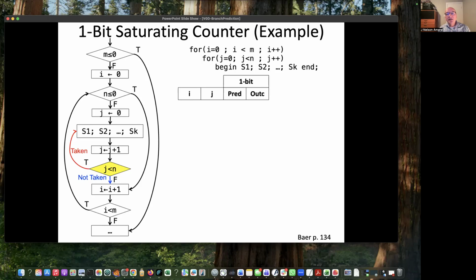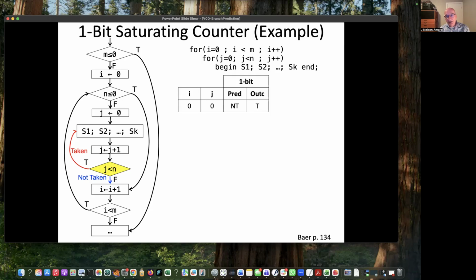So let's start by looking at a 1-bit predictor, where I can only look at the last outcome of a branch. Let's start with the first iteration, where i is 0 and j is 0. I do not have a previous execution of this branch, so let's assume that my prediction is not taken. It could have been taken, but let's assume that the initial prediction is not taken.